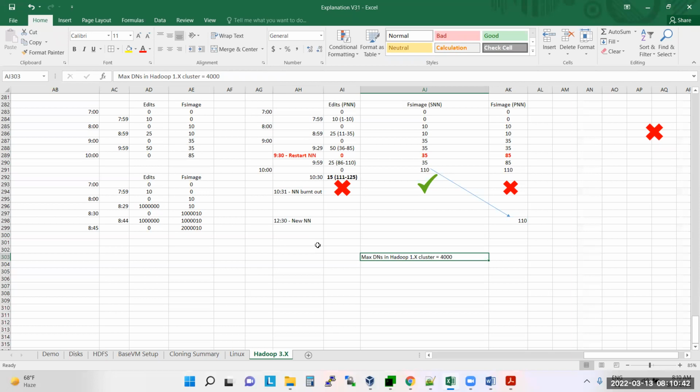If you are running with Hadoop 1.x, you cannot create any cluster with more than 4,000 data nodes. Are you clear? Yes, sir. So these are the drawbacks.